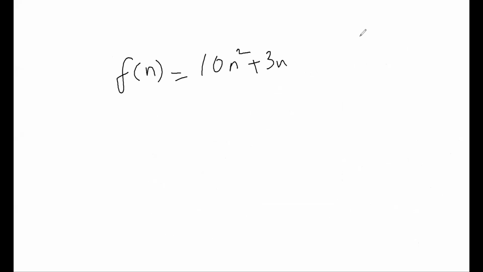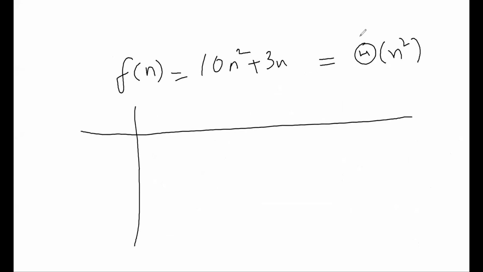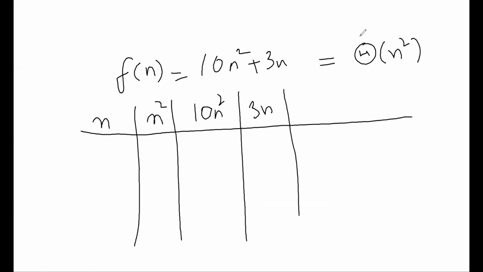So it says it is theta of n square. Just like we did last time, initially for basic understanding, just make a table with different values of n.